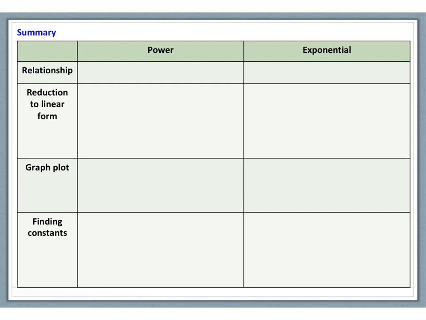So let's summarise what we know so far. We have looked at 2 different kinds of relationship. We have looked at a power relationship, so something of the form y equals kx to the power of n. And we have also looked at exponential relationships. For example, y equals k a to the power of x. These are the general formats. They can be adjusted slightly.